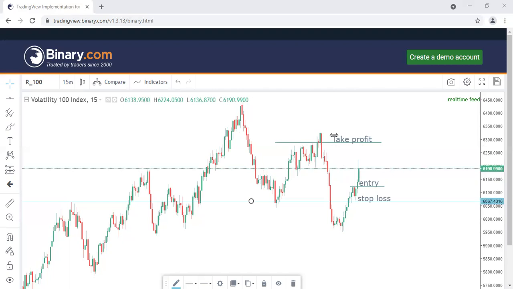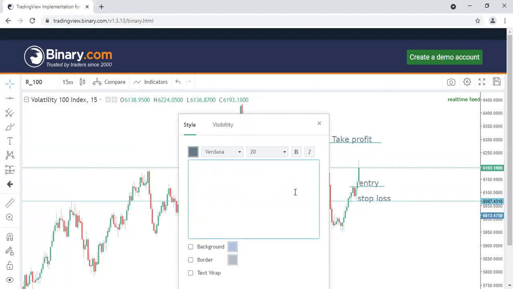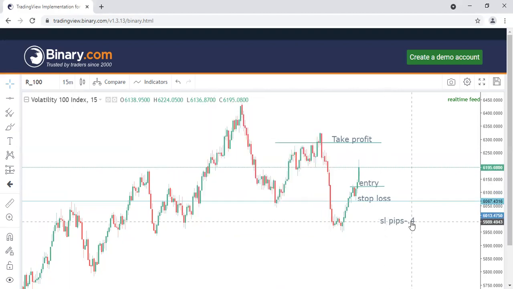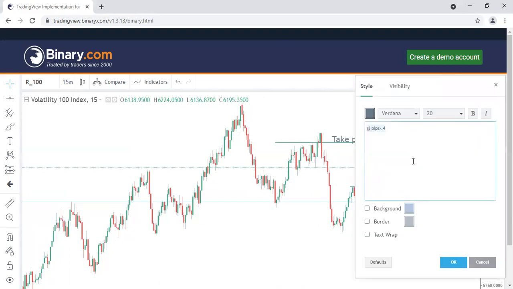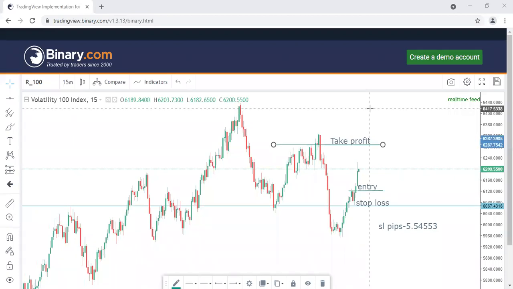Let me note it down. So that will be the SL pips.